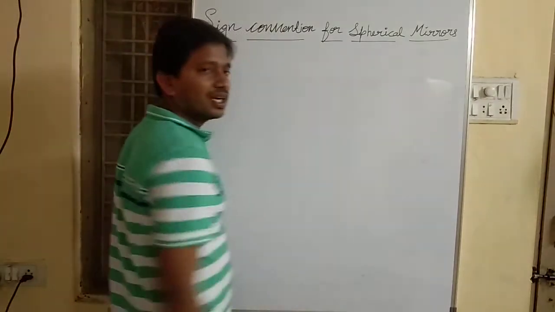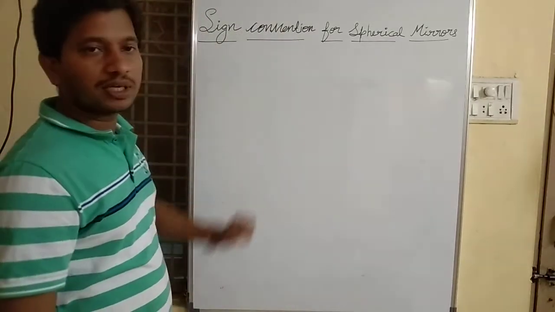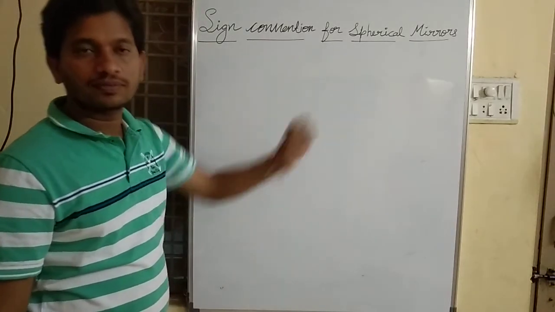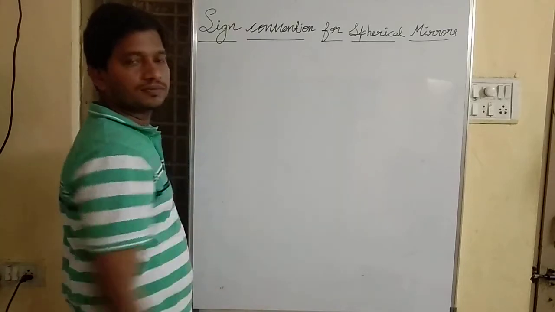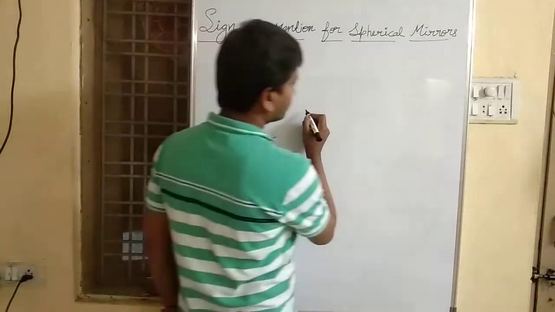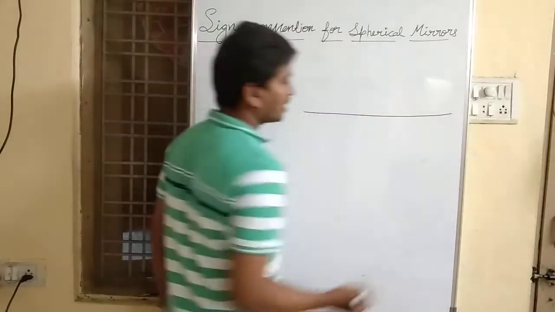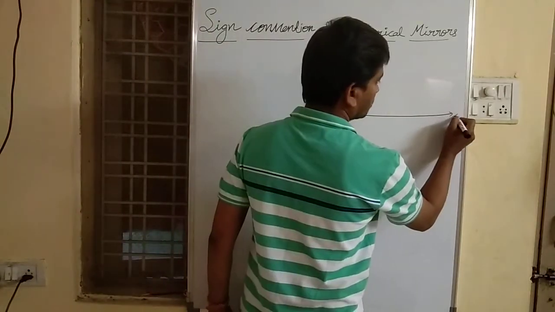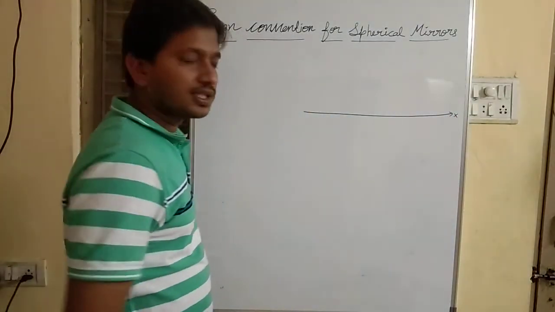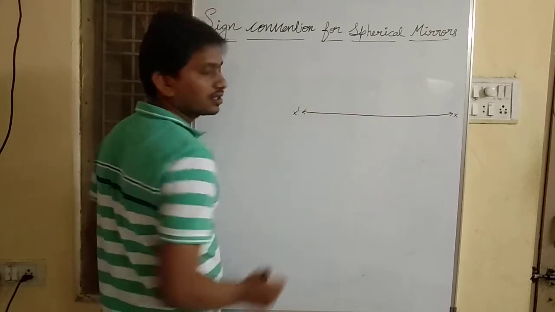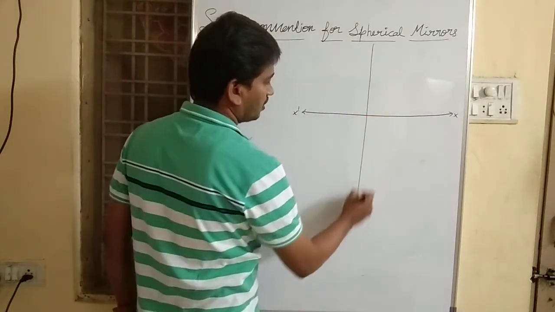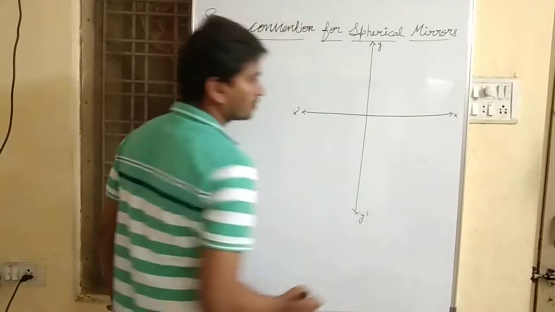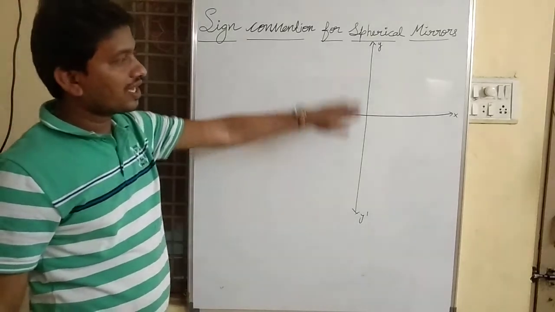According to mathematical terminology, this board is considered as a plane. This horizontal line is called the x-axis, x dash, and this vertical line we can call the y-axis.